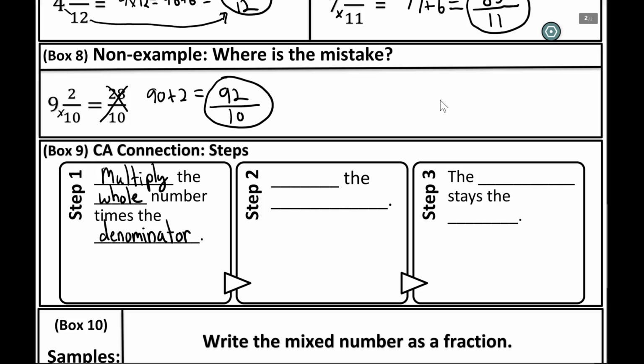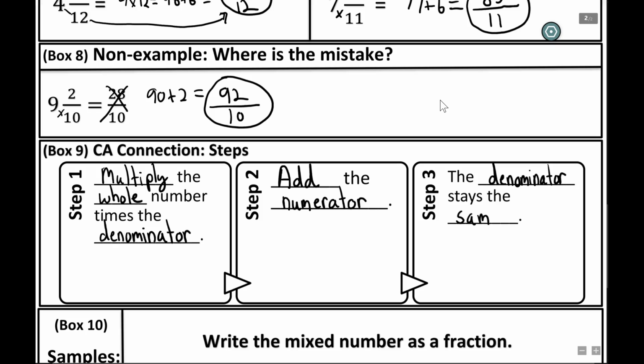So after we multiply the whole number times the denominator, then we need to add, right? We need to add the numerator. Okay, we're going to add the numerator. Then step 3, we are going to make sure that the denominator stays the same.